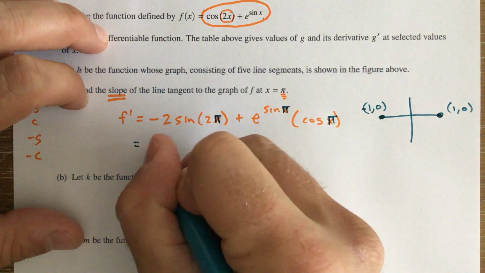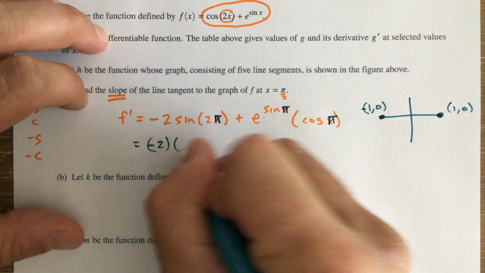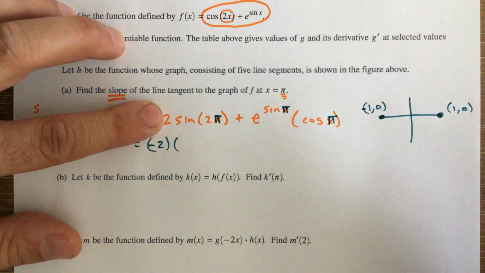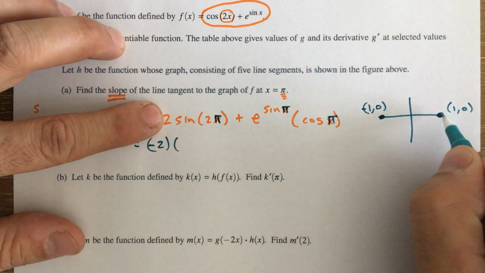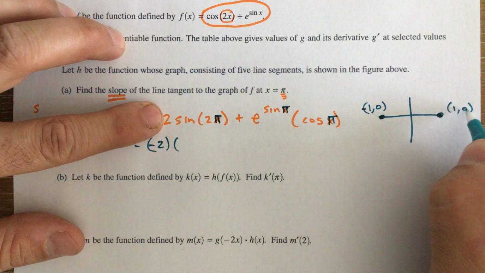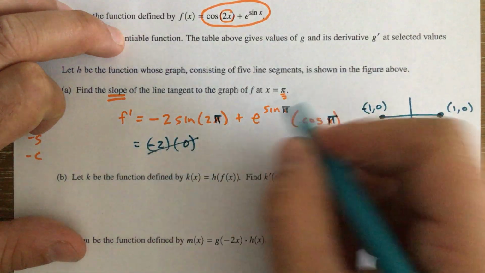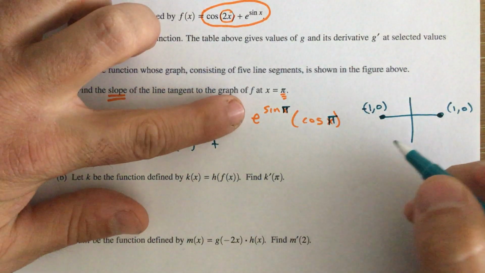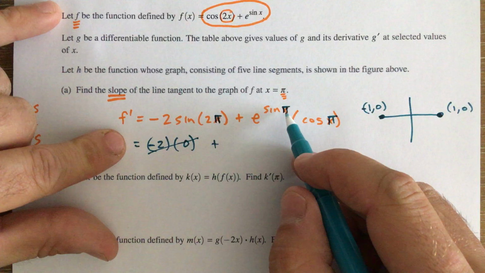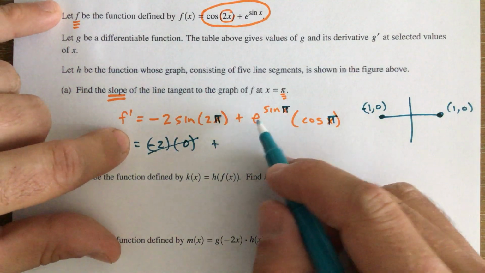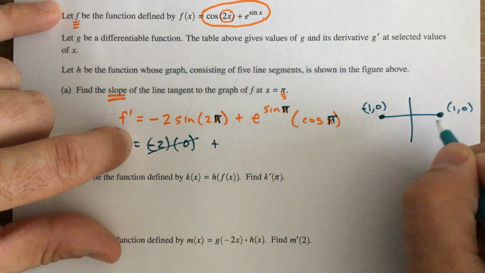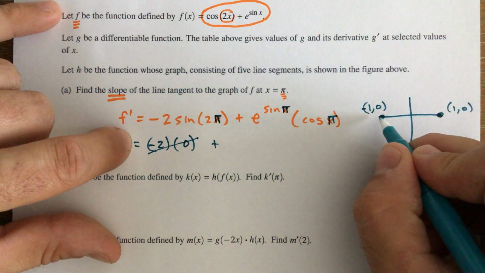So what do we actually have here? Negative 2 times sine of 2 pi. Sine of 2 pi is here, and sine is the second value, so that's going to be 0. That whole thing's gone, right? Plus, and once again we're plugging in our pi right there. So we have e to the sine pi, and pi is right over here, right?